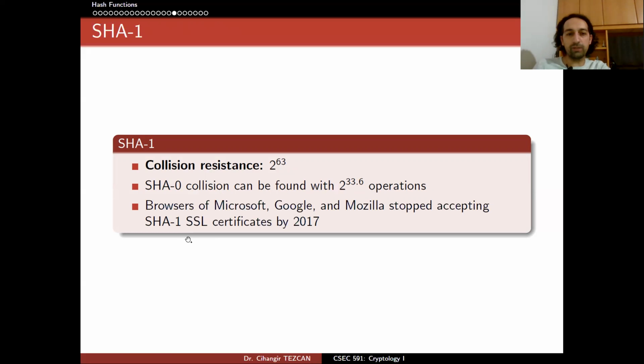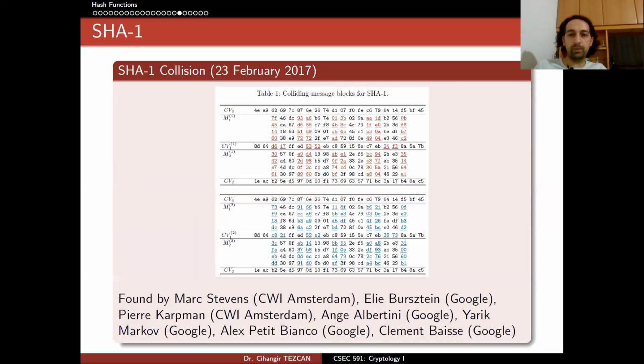Also, a lot of browsers stopped accepting SHA-1 SSL certificates by the end of 2017. And this attack became possible with the help of GPUs. Of course, the original attack requires a lot of memory, but by using some time-memory trade-off techniques, people found a SHA-1 collision.